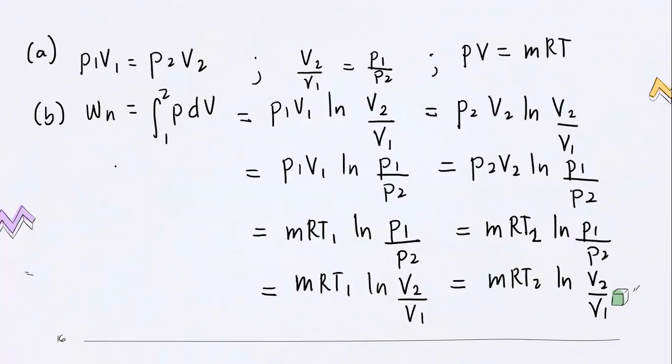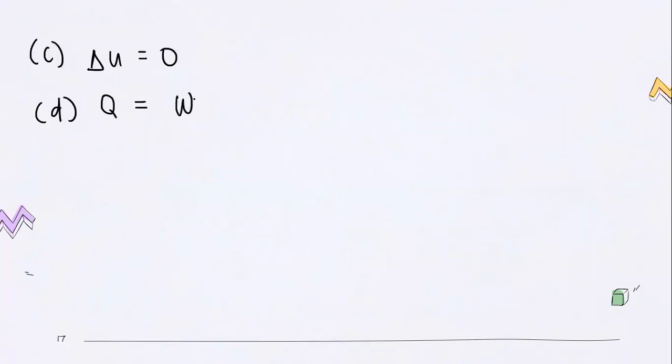Okay, for delta U, change in internal energy, that is equal to 0. While letter D, for the heat, the same formula as your non-flow work. Okay. And then for letter E, delta H, which is the change in enthalpy, is also equal to 0.